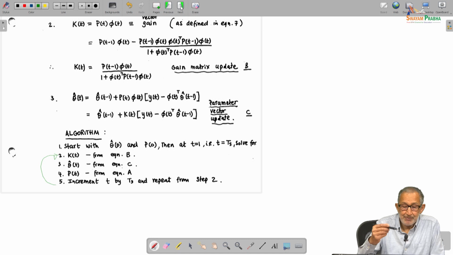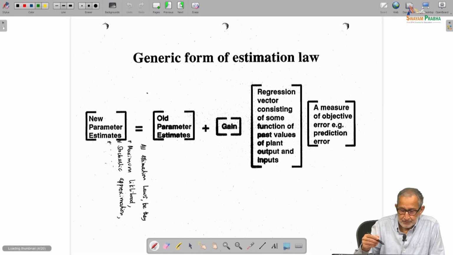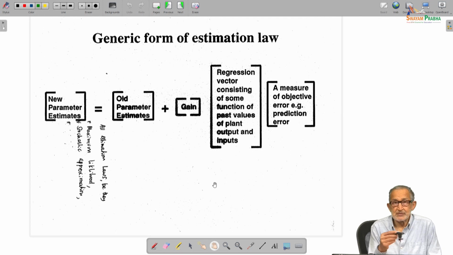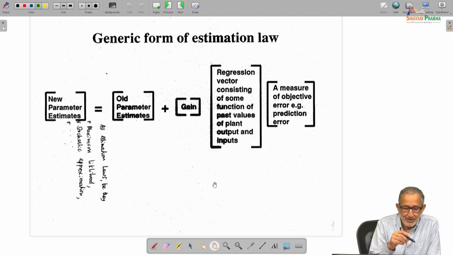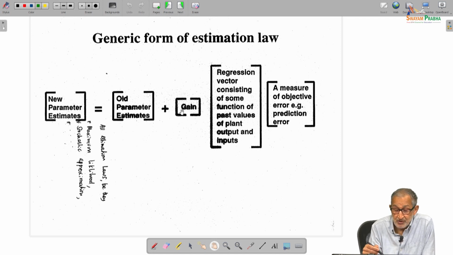Okay, so let's apply this. So just to repeat, the generic form of this estimation law, and this is for recursive estimation or recursive update, this is always the case. The new parameter is equal to the old parameter plus gain times a regression vector consisting of some function of past values of plant output and input times a measure of the objective error.